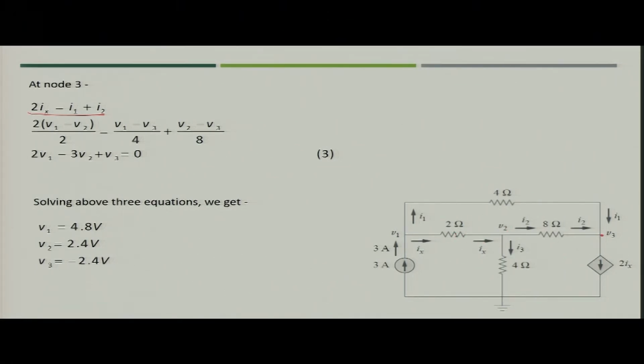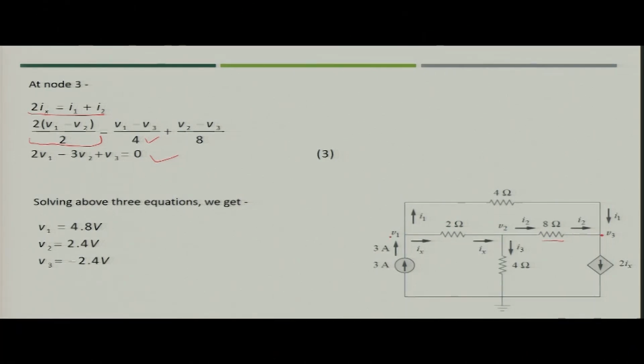So, you will just place the value of Ix in this dependent current source. So, you will get 2 Ix is nothing but 2 into V1 minus V2 by 2, and then I1 is nothing but V1 minus V3 by 4, and I2 is V2 minus V3 by 8, right. So, you got another equation from node 3.